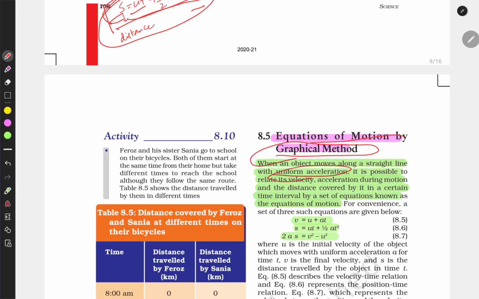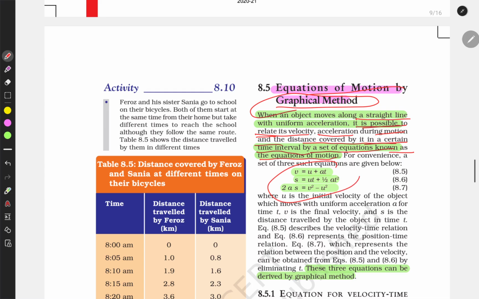When an object moves along a straight line with a uniform acceleration, it is possible to relate its velocity, acceleration during the motion, and distance covered by it in a certain time interval by a set of equations known as equations of motion. These equations are only applicable in uniform motion.